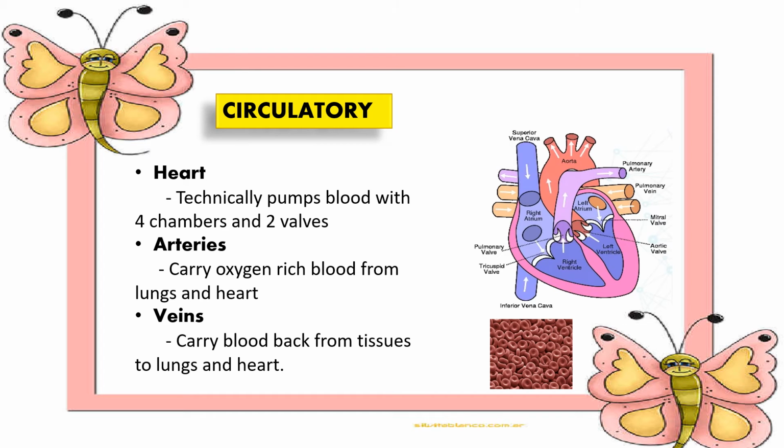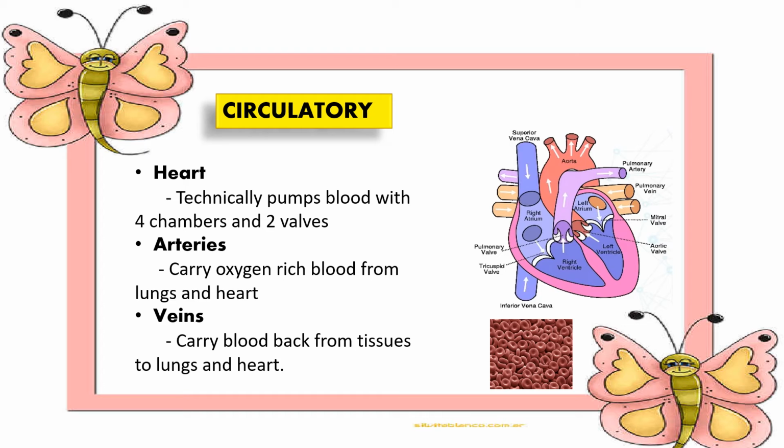Okay. Now let's move on to the circulatory system. Okay. The major structures for the circulatory system are the heart, the blood vessels, the blood, the lymph nodes, and the vessels, or you have here the veins and arteries.